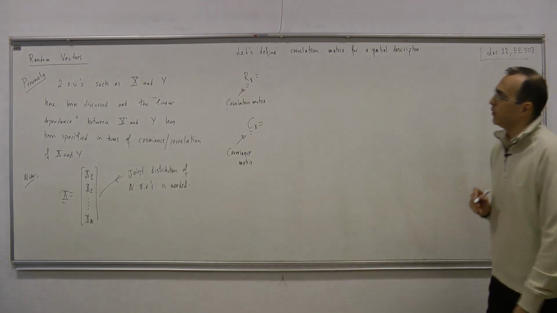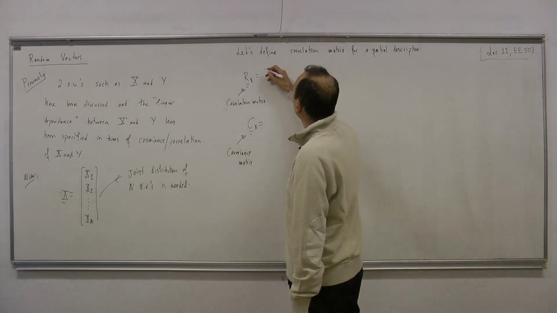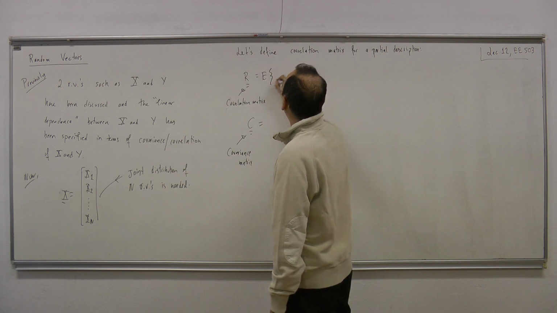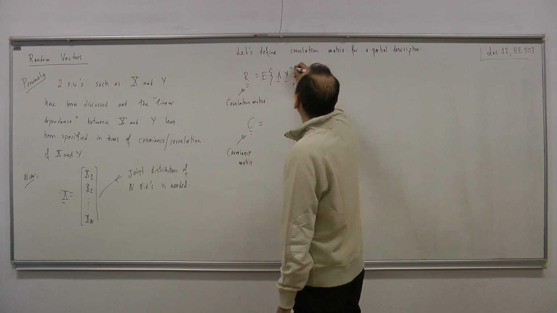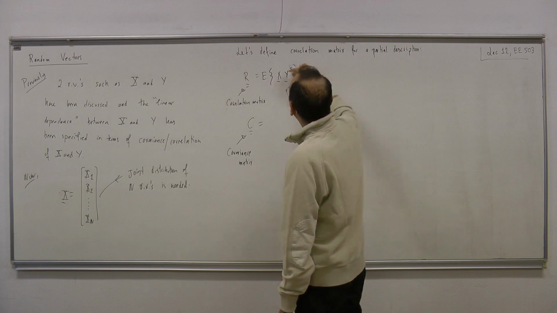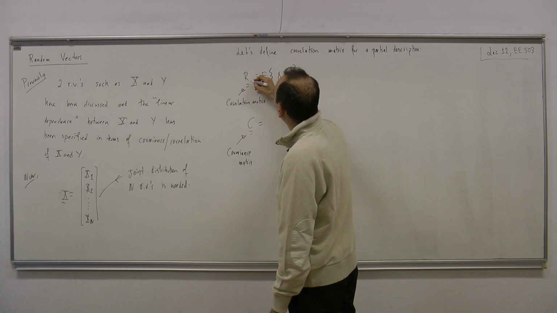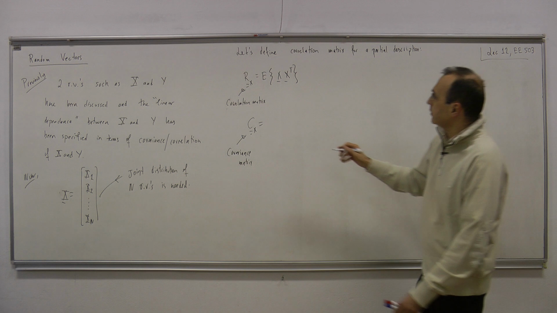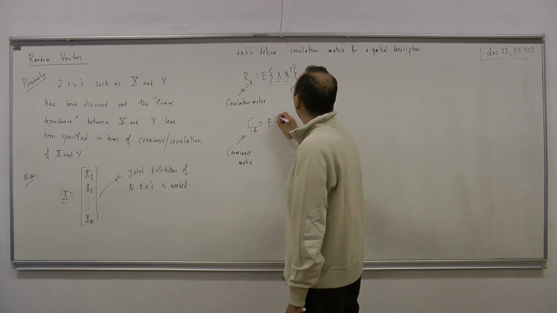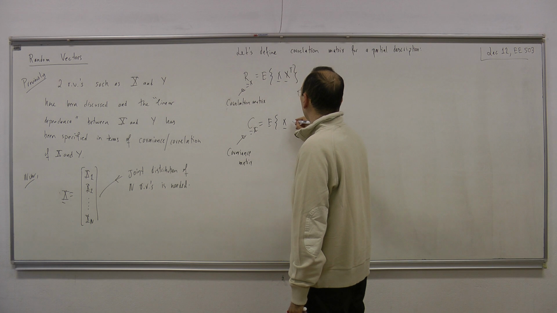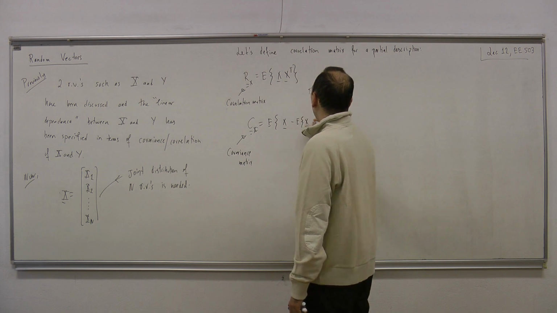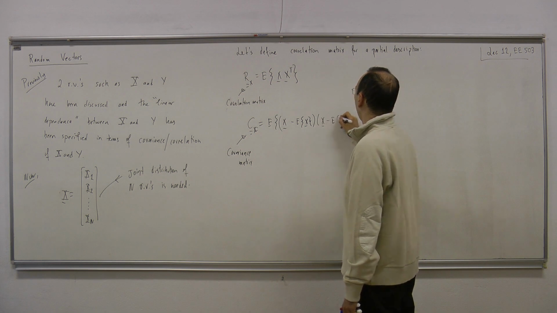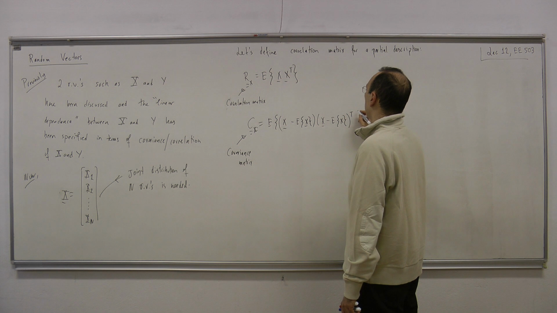Okay. Now I will define two matrices, correlation matrices, so this is R, this is C. R is the expected value of x vector times x transpose. And C is the expected value of x vector minus the mean of this x vector, times that quantity transposed.